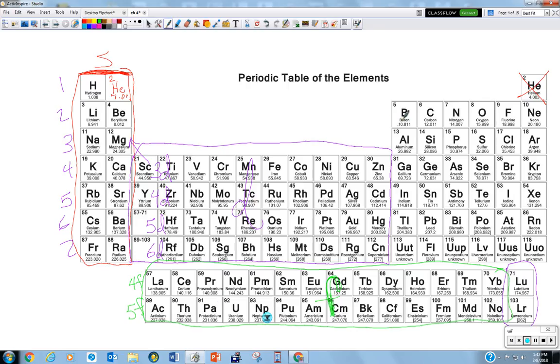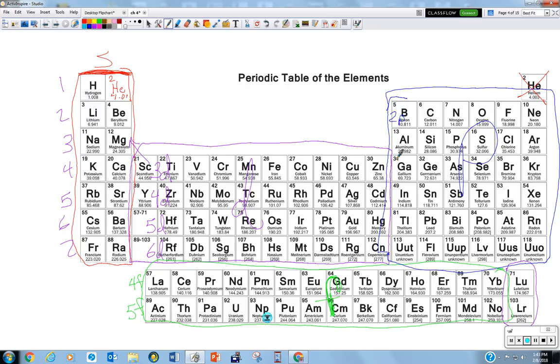All right. And then the last block, let's use blue. The last block is this section over here, and this is the P block. And this one is pretty much normal.